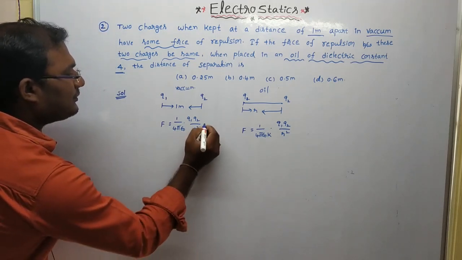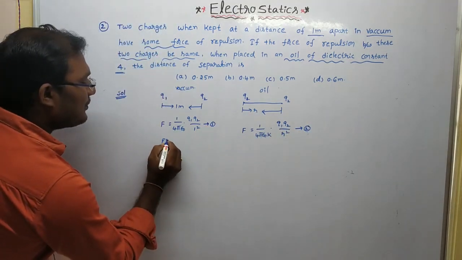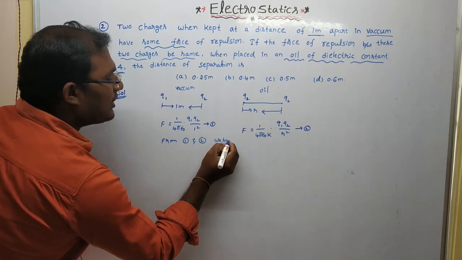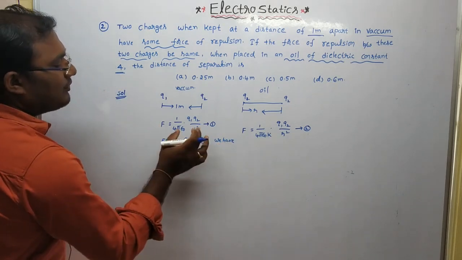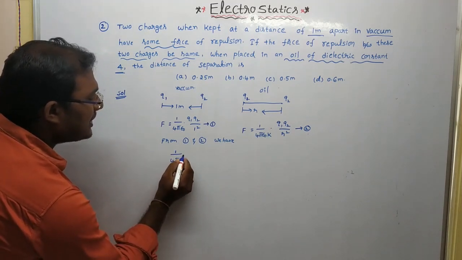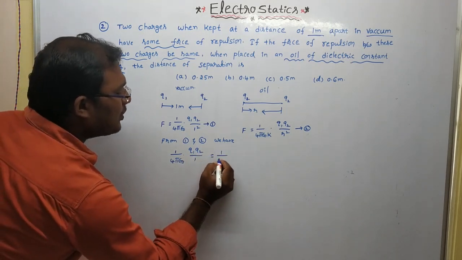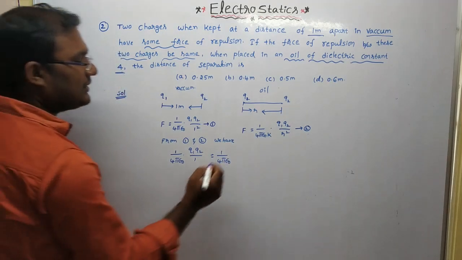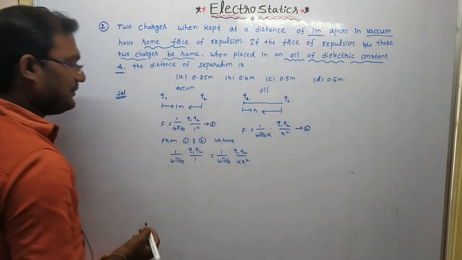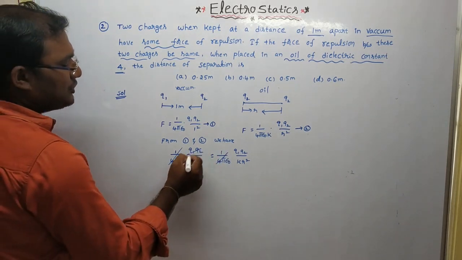Therefore, from equation 1 and equation 2, we equate the RHS: 1 by 4 pi epsilon naught Q1 Q2 by 1 equals 1 by 4 pi epsilon naught Q1 Q2 by K R square. 1 by 4 pi epsilon naught cancels on both sides, Q1 Q2 also cancel.